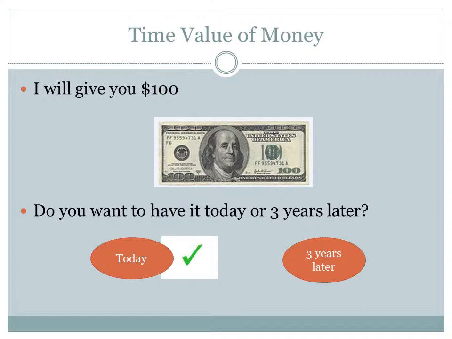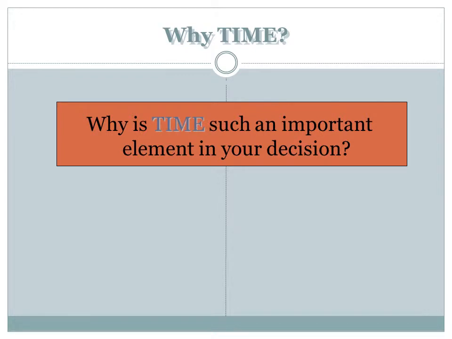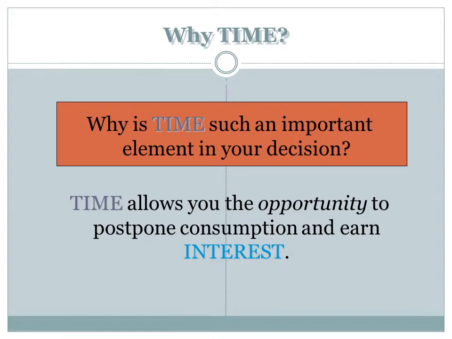I think most of the students will choose to have that money today. So why is time such an important element in your decision? Because time allows you the opportunity to postpone consumption and earn interest.